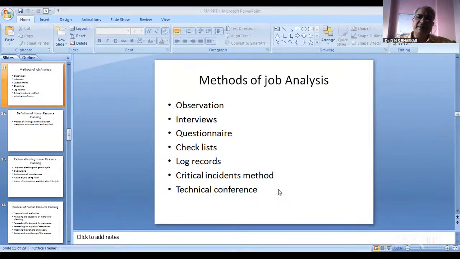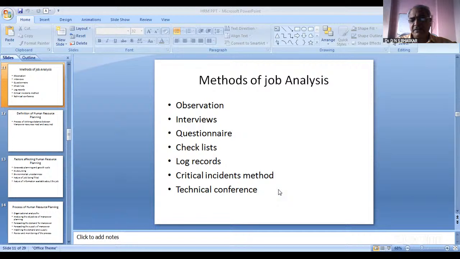For example, when sales increase drastically all of a sudden, how does a sales manager tackle that? And how does the production manager tackle that situation and bring out that particular product? All these incidents are to be understood very clearly.